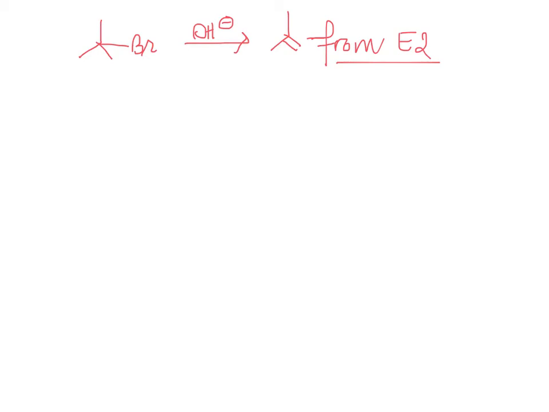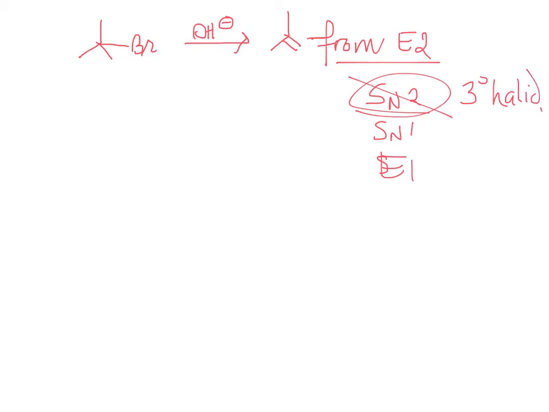Now, the way you should approach this problem, if you have to explain this, is, well, why is it that E2 wins this competition? So if you think about what your other possibilities are, SN2 is a possibility, SN1 is a possibility, and E1 is a possibility. SN2 is not going to take place because this is a tertiary halide, and sterically, it's very demanding for the nucleophile to get to the site of action.